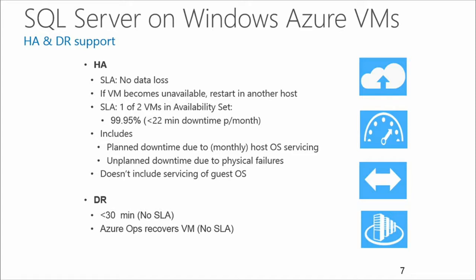This SLA includes planned downtime due to monthly patching of the host machines, and also unplanned downtime due to physical failures. So if the physical host fails, that is included as part of the SLA, so you don't have to worry about that.